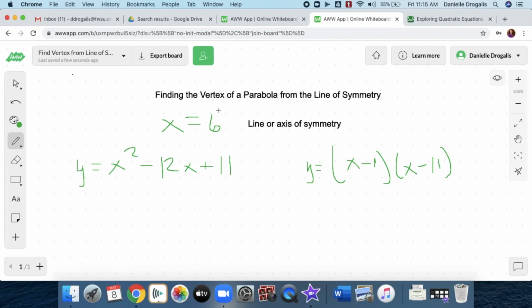And so if we already know this because it was given, or we were able to find it visually, or we calculated it according to other videos I've shared on how to find the axis of symmetry, then you can do a substitution step where you take this value of 6 and plug it in for the x's of each equation.